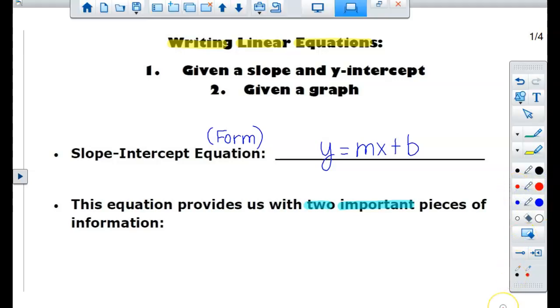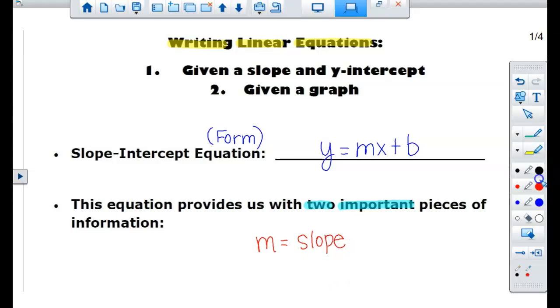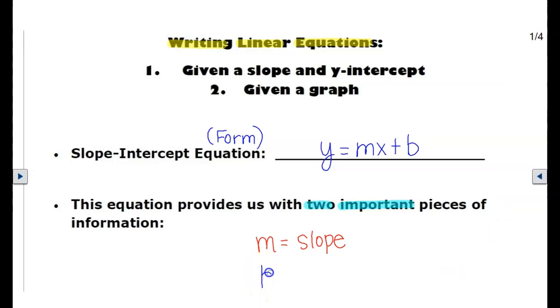And remember, it's called slope-intercept for a reason. One of the important pieces of information that it gives us is the slope of our line, and that's represented by the letter m in the equation. The other important piece of information is the b. That is our y-intercept, which remember tells us where our line is going to cross the y-axis.